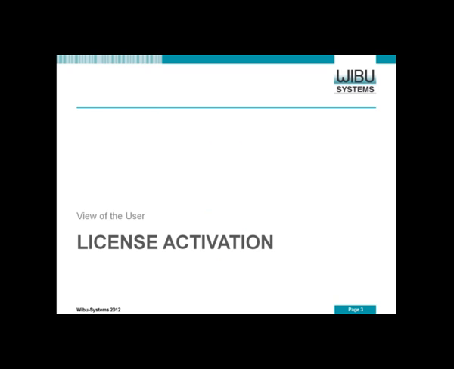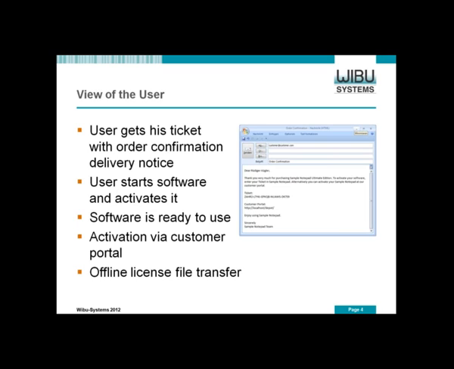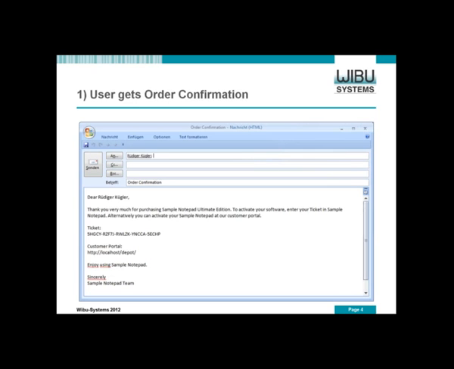What happens? So let's assume I'm a user and I have purchased your software, maybe by an online shop, or maybe I have called you and you have sent me an email with the order confirmation, and then I start the software. And so now here we see at first the order confirmation.